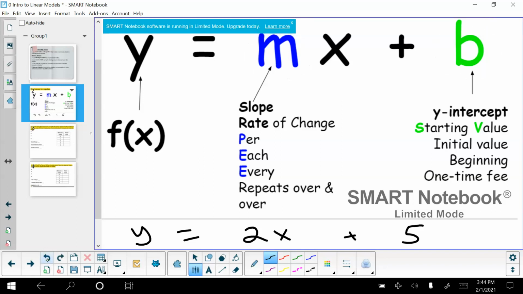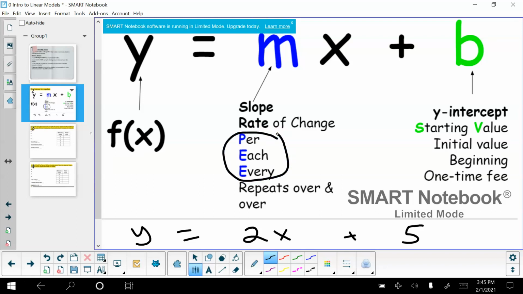The m number is the slope number. And when we deal with real-world situations, we now call that the rate of change. A quick way to remember and look for the rate of change number in a word problem is to look for three words: either per, each, or every.